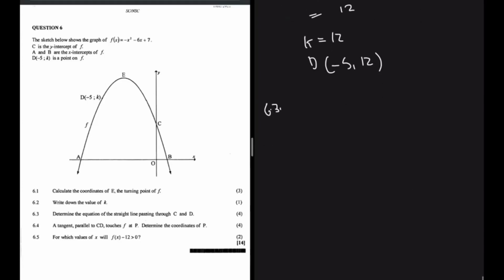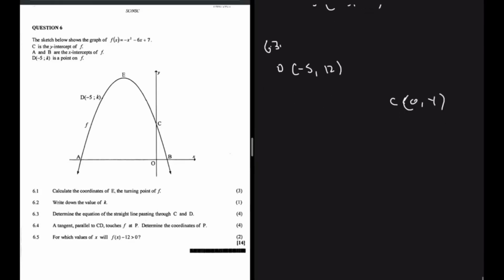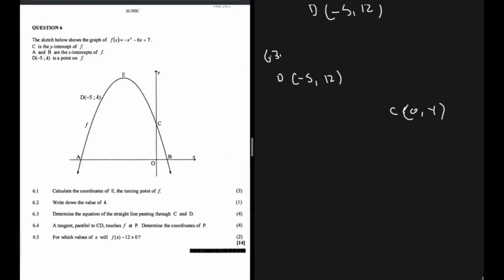So fine, let's make it relatively easy. We know that the coordinate of D is minus 5 and 12, right? And then the coordinates of C, C is a y-intercept, it's 0 and some y, right? So let's calculate the y value of C so that we can use the gradient of CD to calculate the line that passes through.